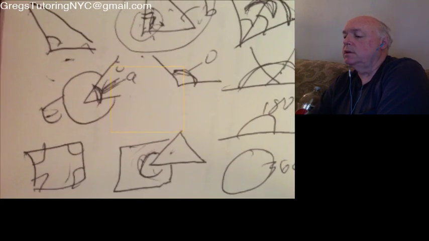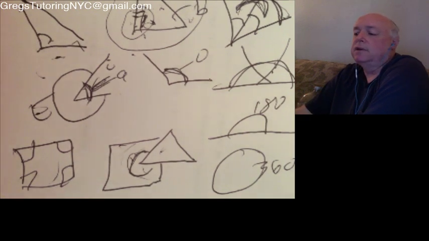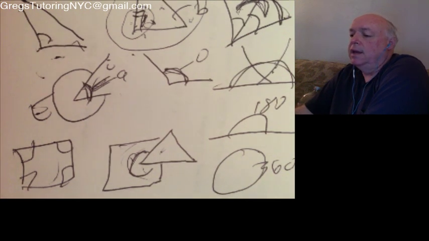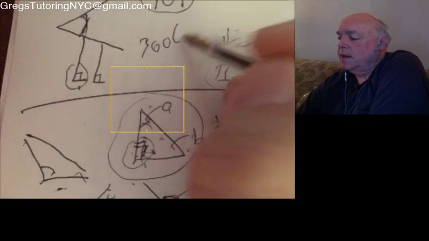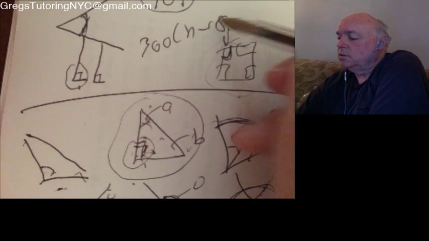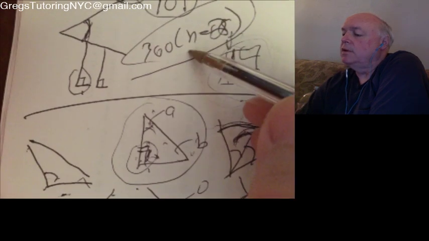It's 360. Not too often are you going to be asked, at least through grade 9, for the angles of other shapes. Sometimes in the integrated algebra class, you're going to be asked for that. In half the cases, they're going to give you the formula, which is 180 times n minus 2, where n is the number of sides of the figure.